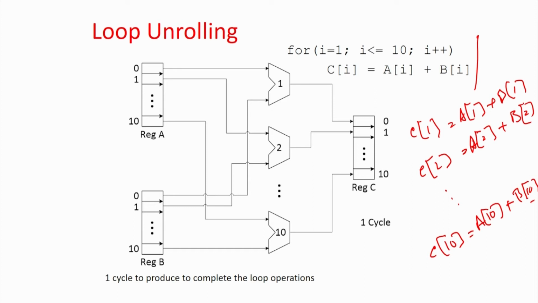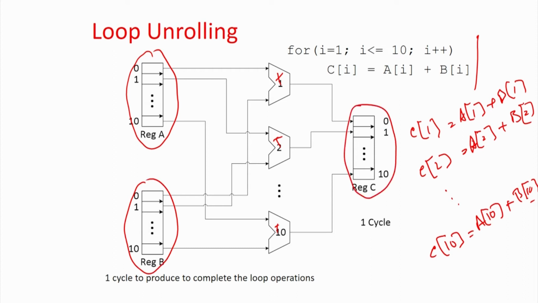So, I am going to infer 10 adders, 1 to 10. This is the register storing A, this is the register storing B, and this is the register storing C. This is A1, this is B1, and so on, you can understand, I guess.